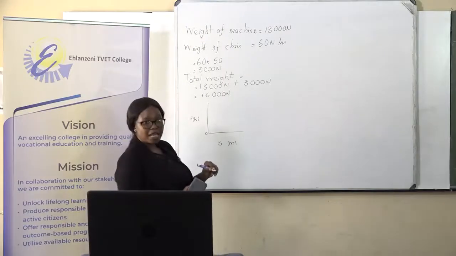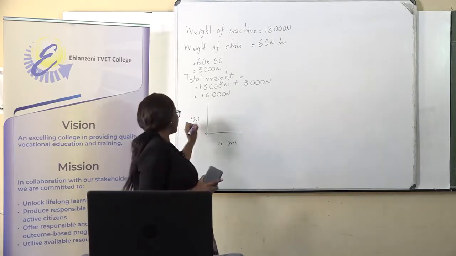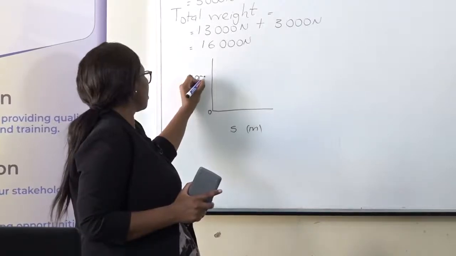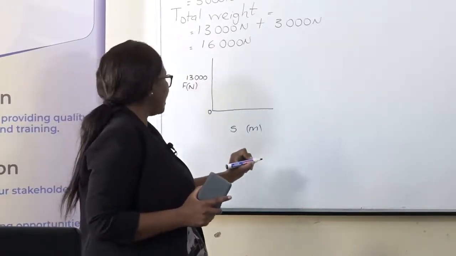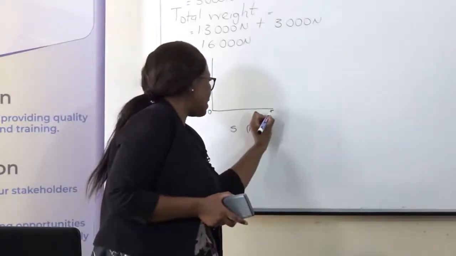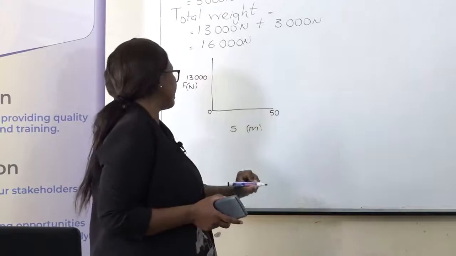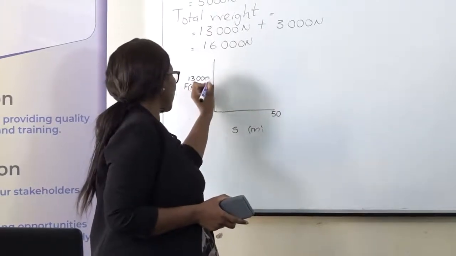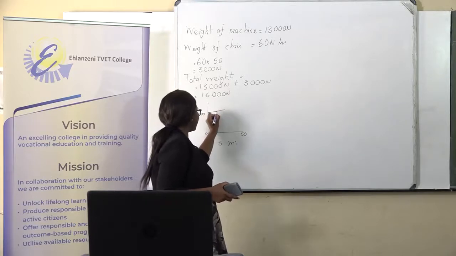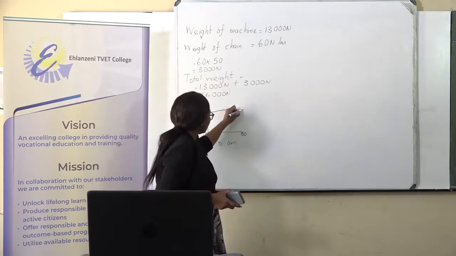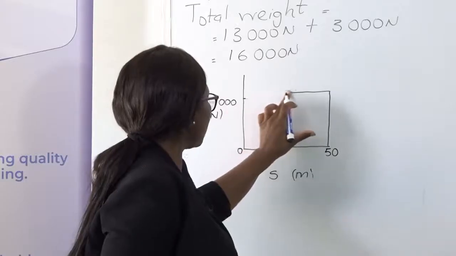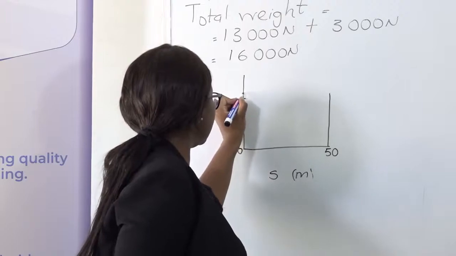Our total weight of the machine is 13,000 newtons, and the distance that the machine has traveled is 50 meters. So here we are going to put our first force and the distance that it has traveled with your pencil and your ruler, so that your diagram will come out neatly drawn.